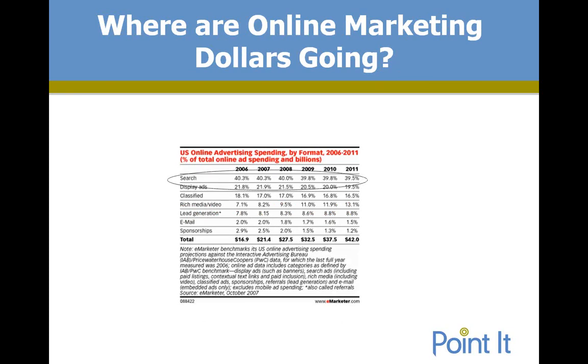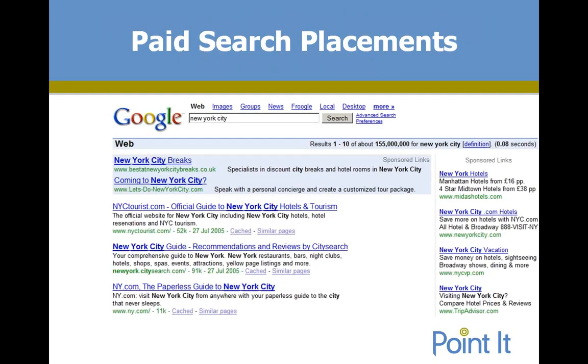And search itself will continue, according to eMarketer, to comprise about 40% of online advertising. And while, as you can see from the total column below, online advertising should continue to grow at a pretty healthy clip for the next couple of years.